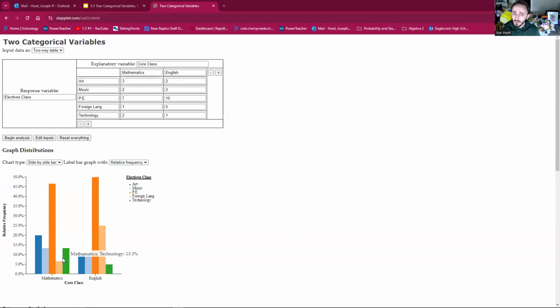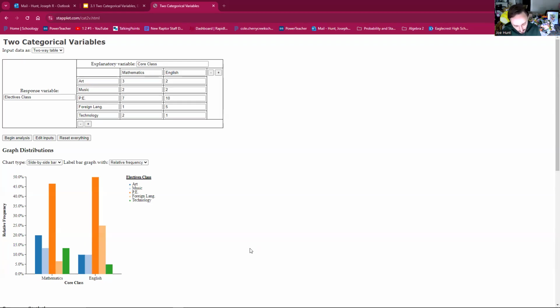So one thing that I suspected in my data set was that if someone prefers a mathematics course, they might be more inclined to like, say, technology or, say, an art class. If you hover over each of these different bars in the bar chart, you can see the exact proportions of students in the mathematics category and the English category that preferred certain electives.